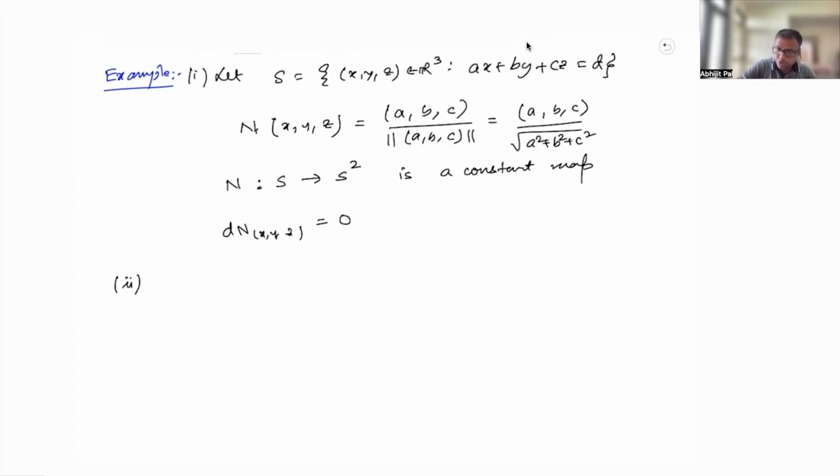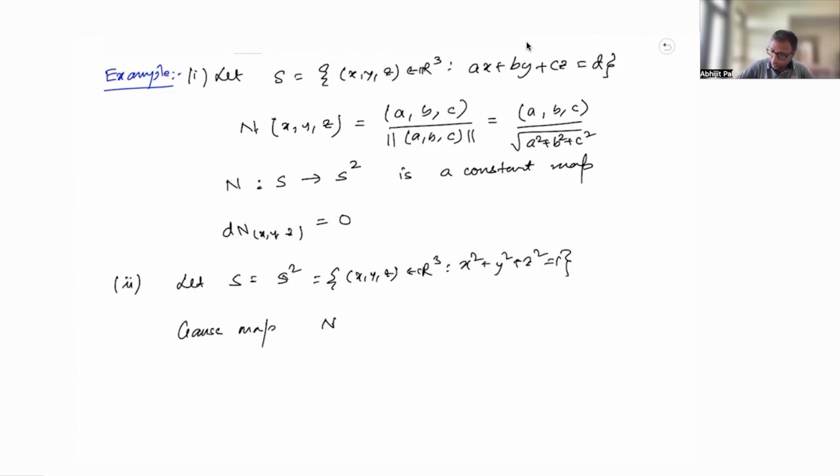Next example, let us take S to be the unit sphere. And now what will be this Gauss map here? So Gauss map N is from this S2 to S2.